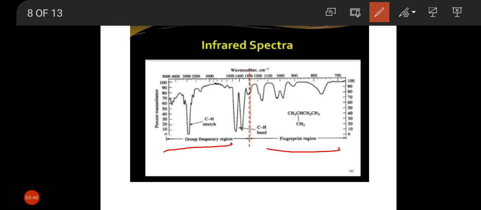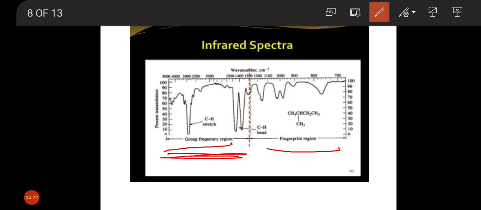The region from 400 to 1600 per centimeter wave number is called the group frequency region or functional group region.